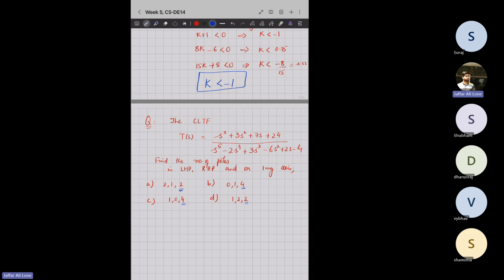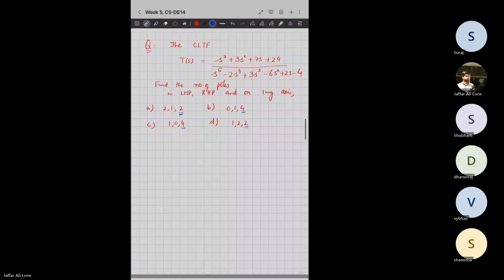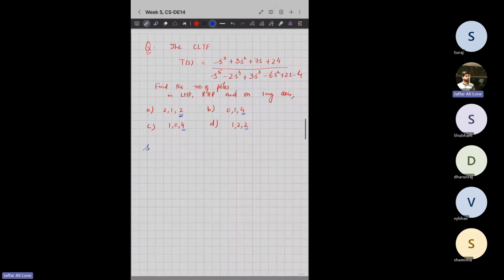It's very easy. Just make the RH array. Then see, is there any sign change? The number of sign changes will give you the number of poles in the RHP. Otherwise, all poles are in the LHP. And if there is a row of 0, then make the auxiliary equation and solve it. The number of poles on the imaginary axis will be given by the order of the auxiliary equation. Any doubt to anyone?